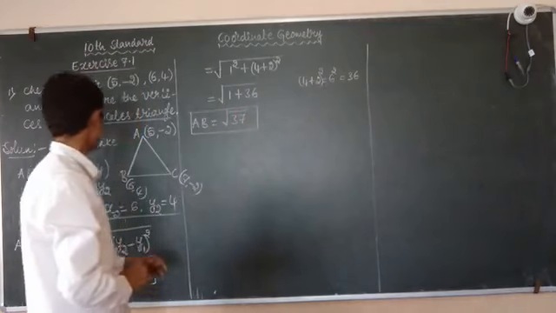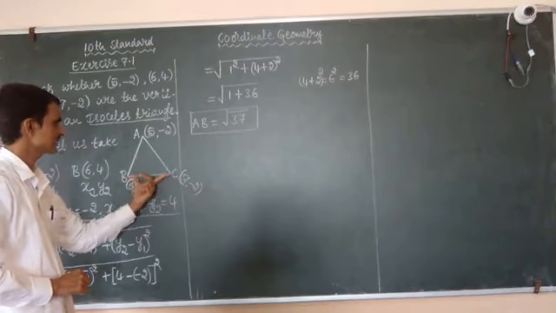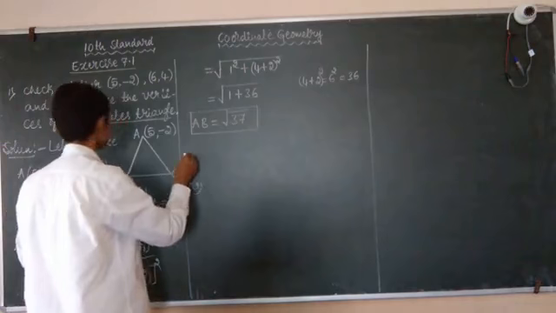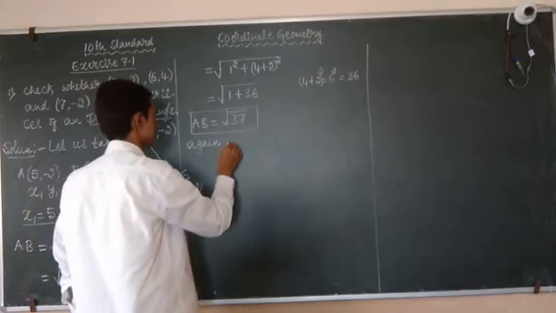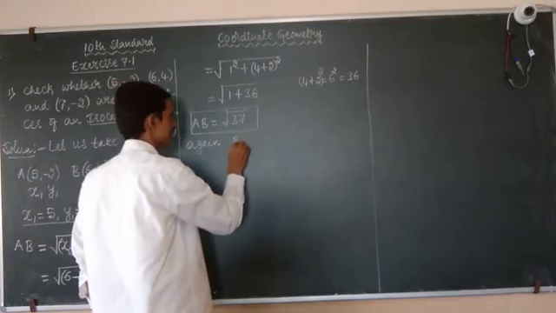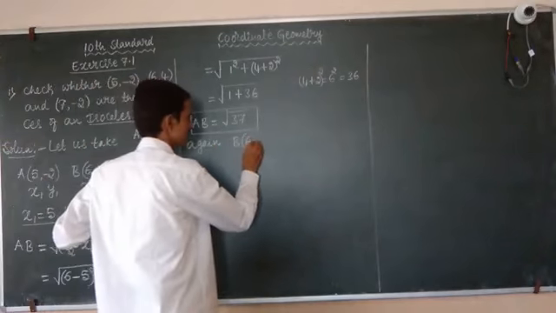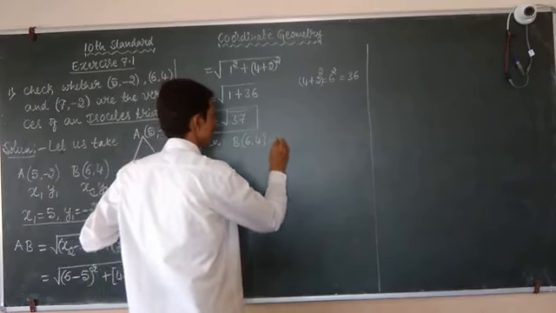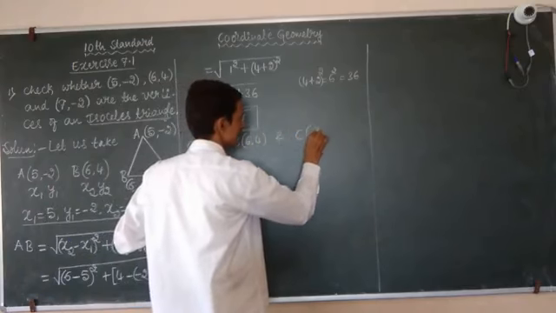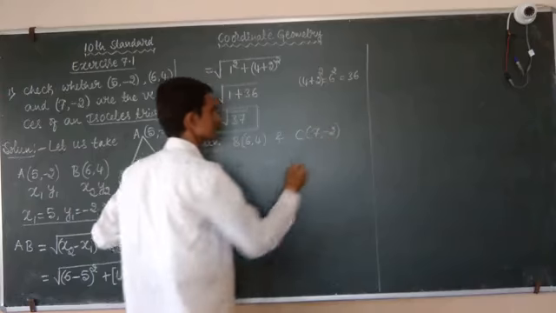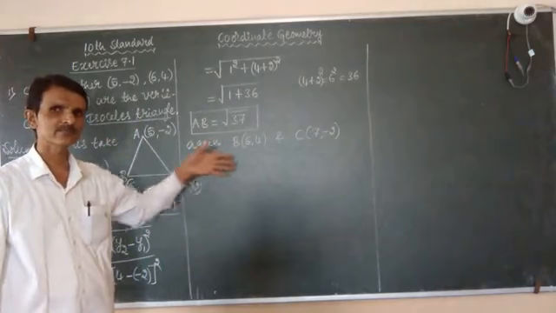Similarly, now we have to find out the distance between B and C. Again, B of 6, 4 and C of 7, minus 2.